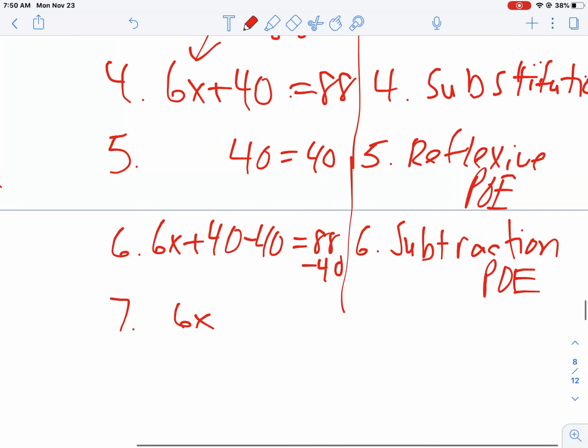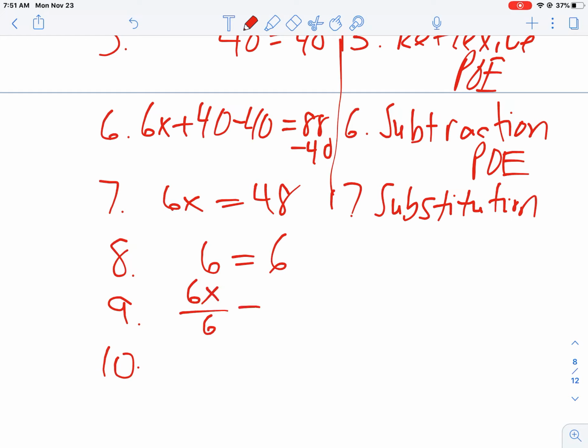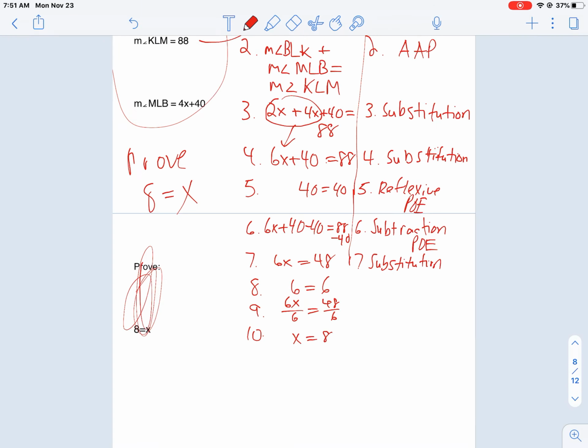Then I get 6x equals 48. That's substitution. Now I'm guessing you can finish the rest. Okay, 6 equals 6. Divide both sides. X equals 8.